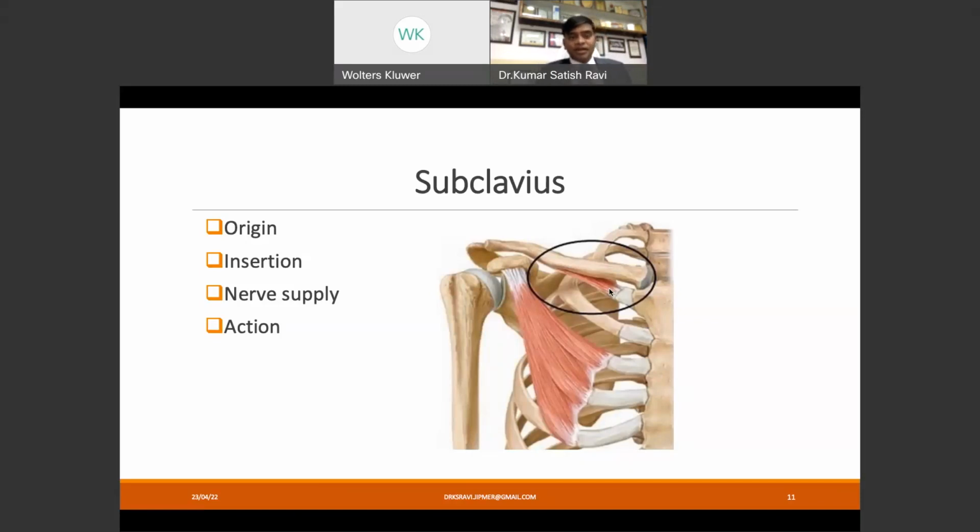So I was telling that this is a triangular muscle which arises from the junction of the first rib and its costal cartilages. When I said that the subclavius muscle gets inserted on the inferior surface of the clavicle, on that inferior surface there is a groove. That groove is called the subclavian groove. So on the floor of the subclavian groove, this subclavius muscle gets inserted.